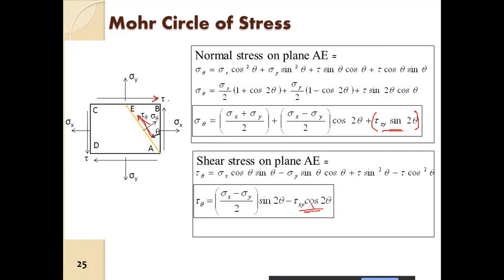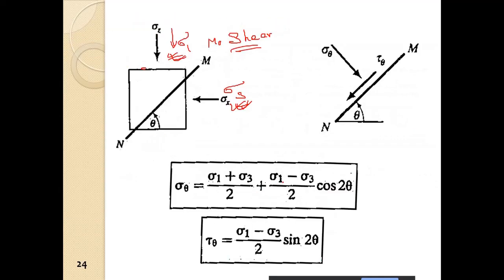So if these two planes are principal planes, then this term will not appear, and we have this expression here.